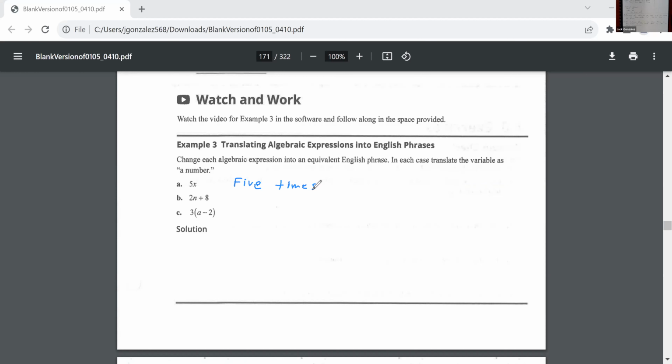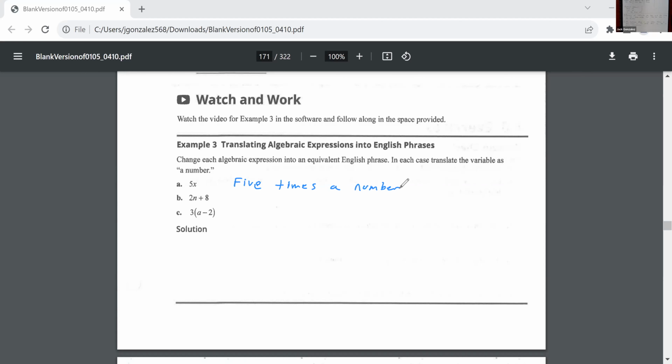Yeah, it says in each case, translate the variable as a number, some number, right? So it's literally 5 times a number. That's part A. So 5x means 5 times x. x is a number, all it is.